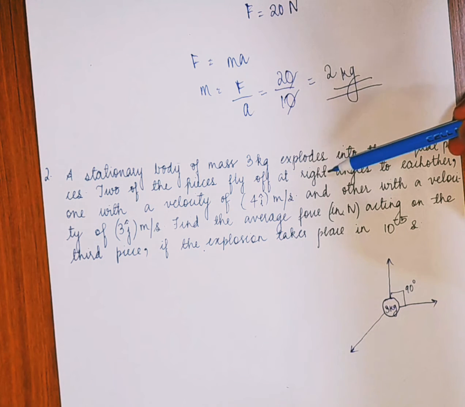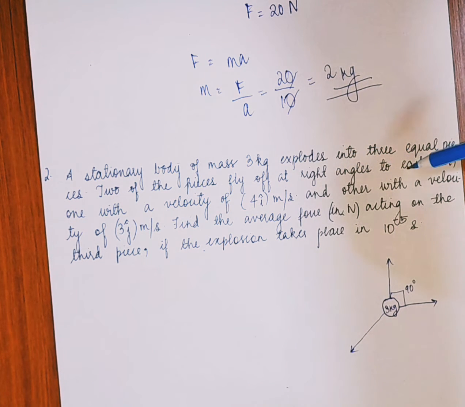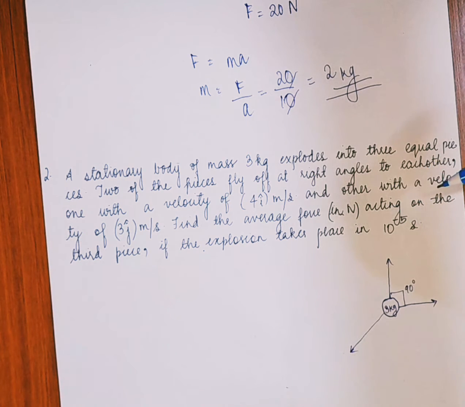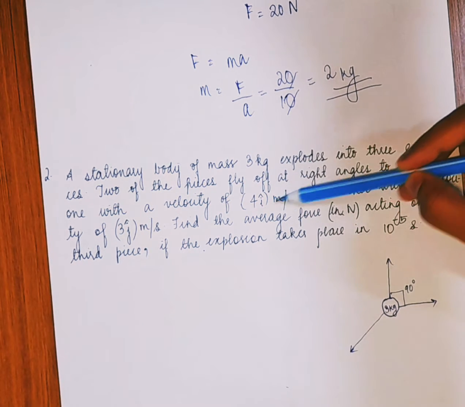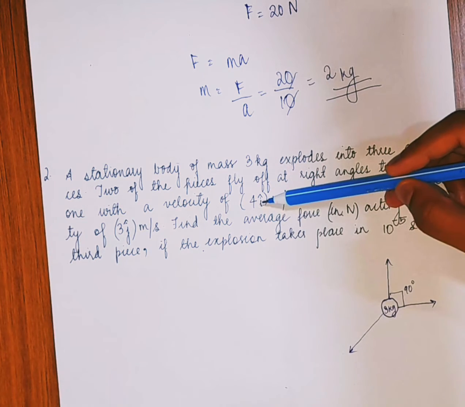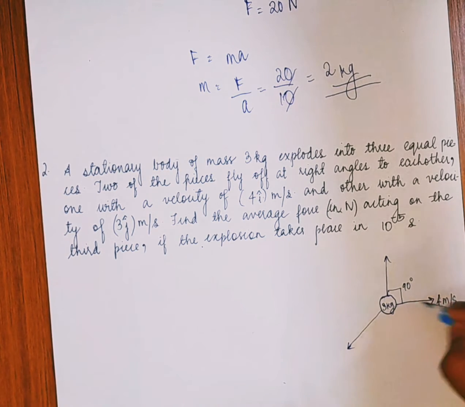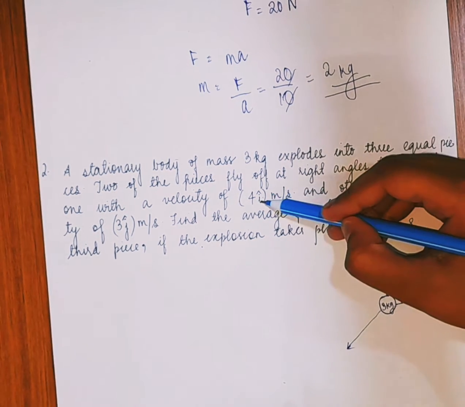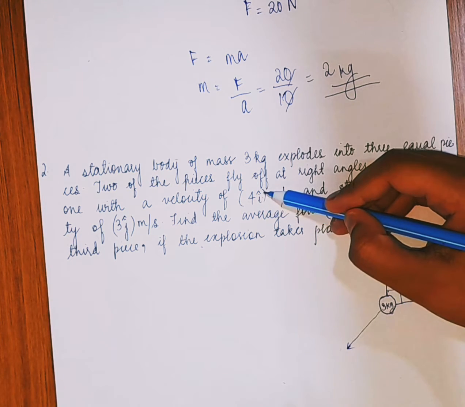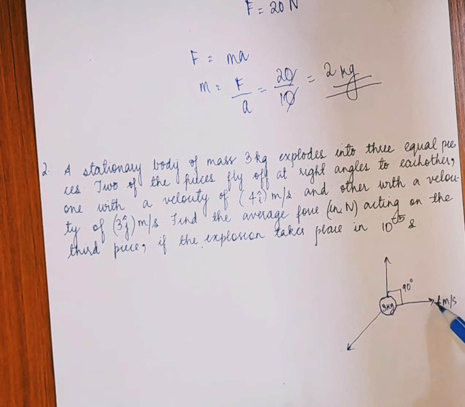One with a velocity of 4i meter per second and the other with a velocity of 3j meter per second. 4i meter per second means this moves along the x-axis, so this is going to be 4 meter per second. i cap represents the x-axis, hence this will be 4 meter per second.